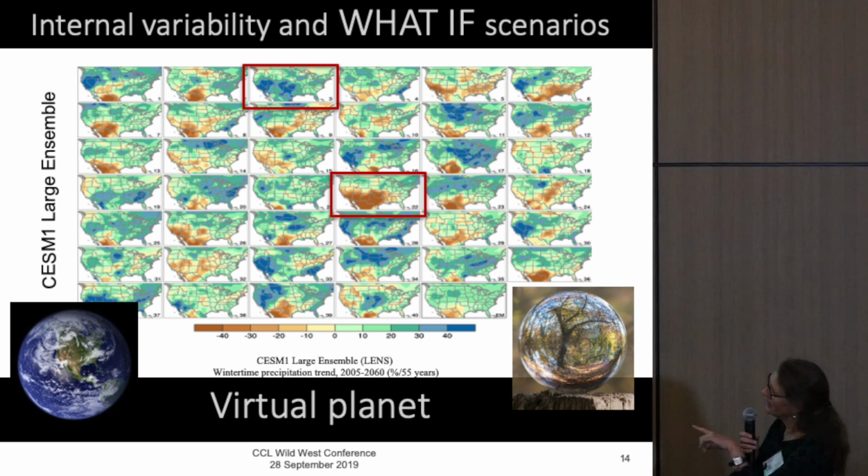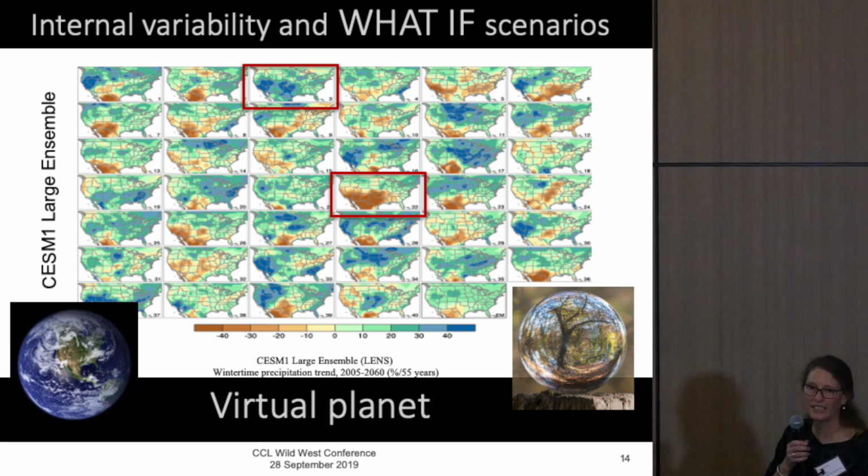And you can see that we get really different results. What we're looking at in this image, the details aren't that important, but it's wintertime precipitation through the period of 2005 to 2060. So this is like a future period. And I've highlighted 2 different scenarios in the red boxes. On the top, you see this sort of red or dark blue, which means wetter than average precipitation in the southwest.